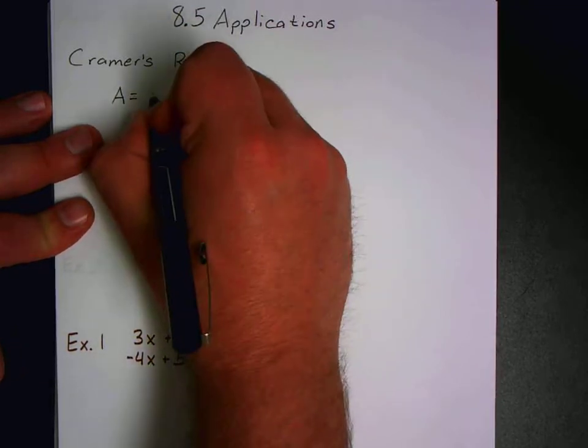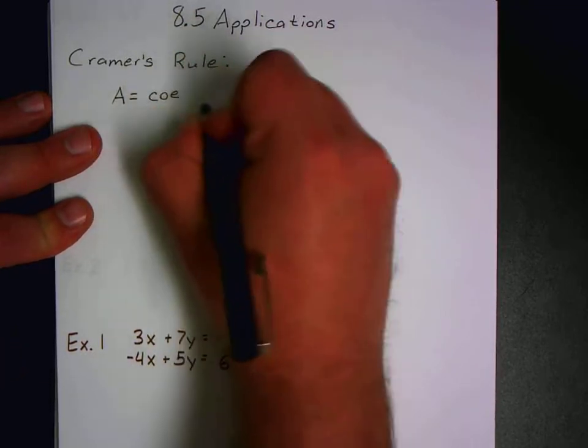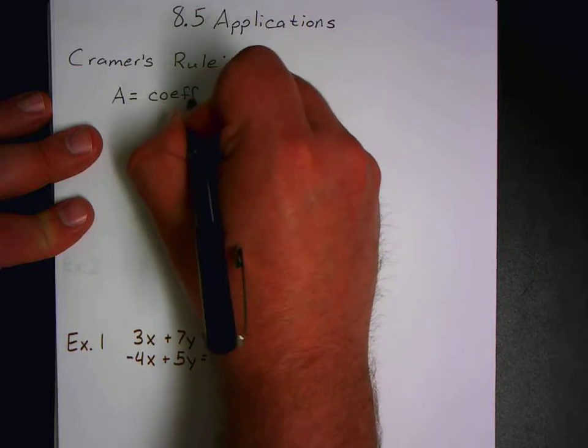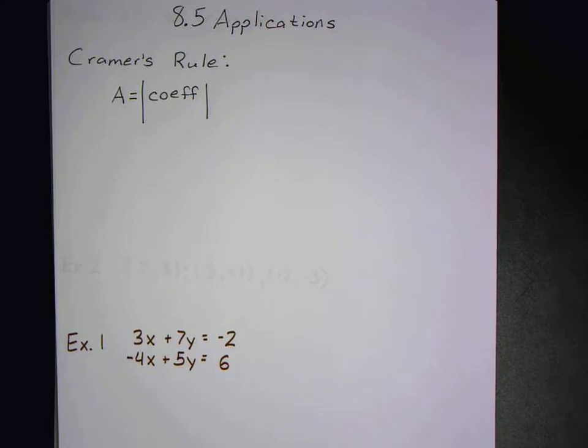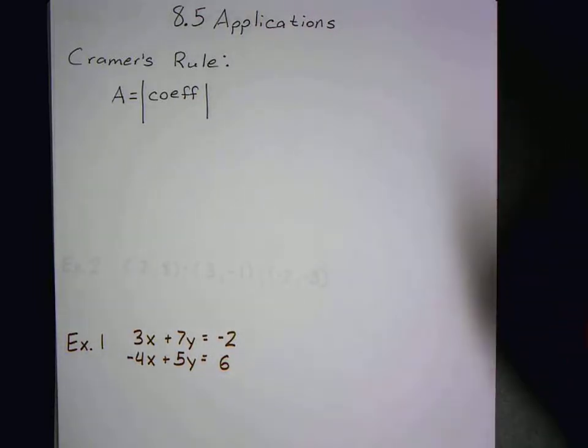A is going to be a matrix of coefficients. Now, describing the other matrices is where I have problems. It's easier to show you than to describe them.